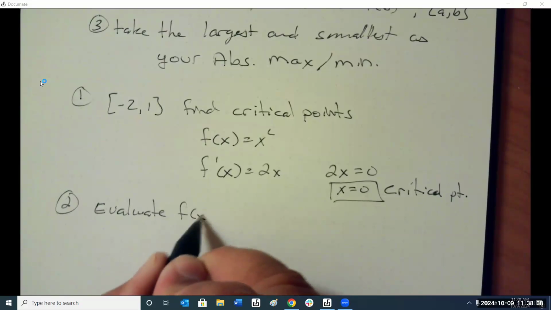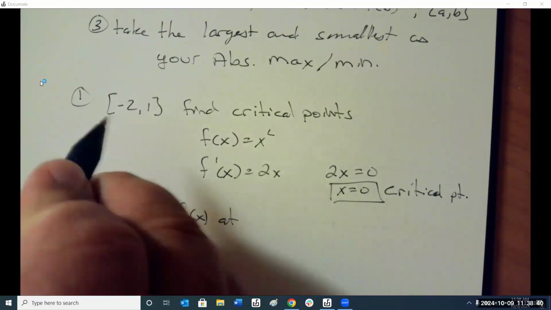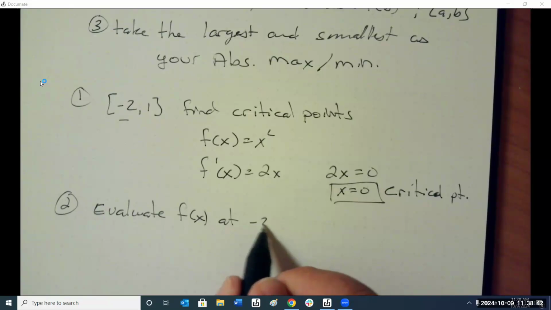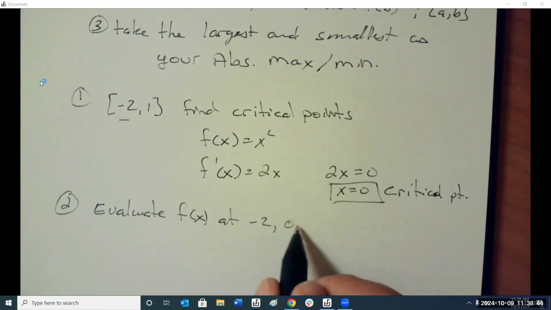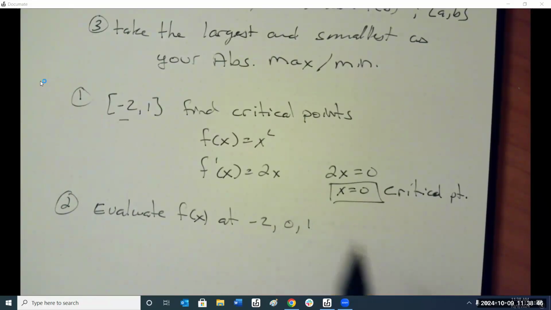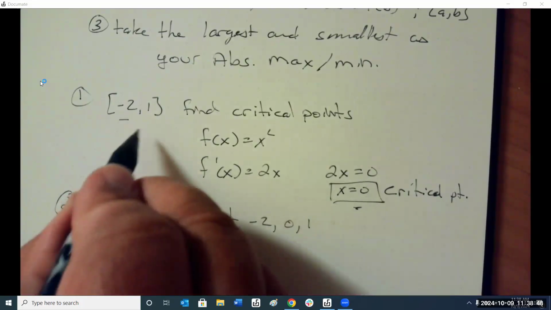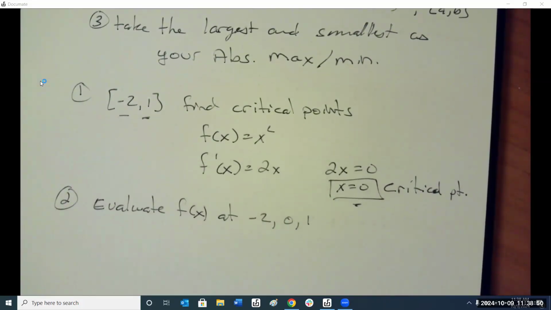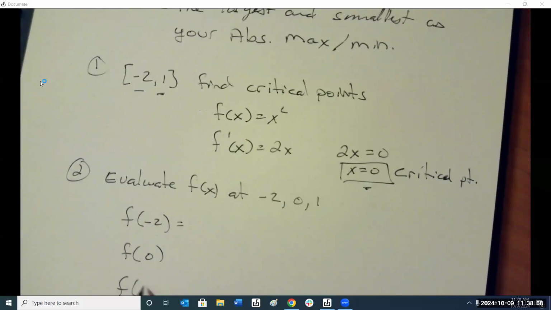You evaluate the function at -2, 0, and 1. f of -2, f of 0, f of 1.